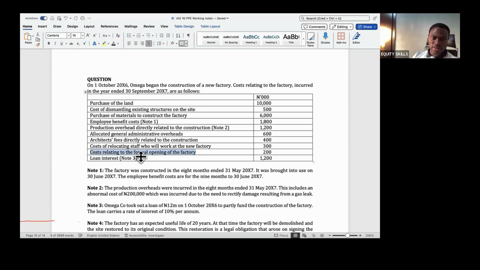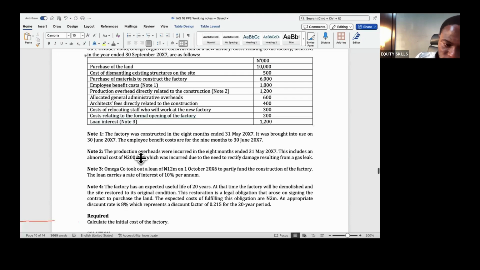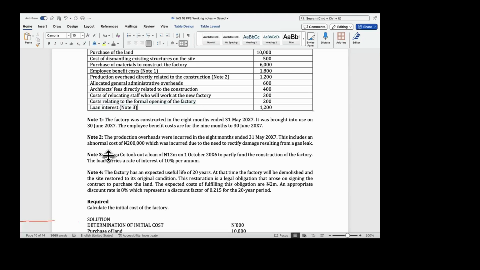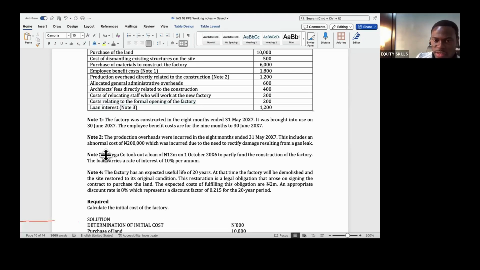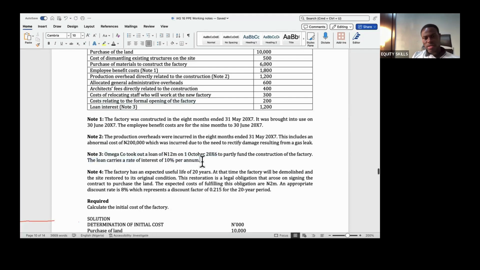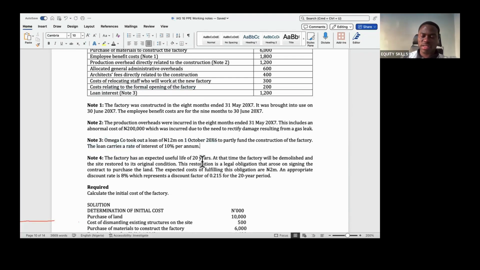What about loan interest? They give us a note on that. Omega took a loan of 12 million on 1st October to partly fund the construction of the factory. The loan carries a rate of interest of 10% per annum. Usually borrowing costs for a qualifying asset, like this asset that you are constructing yourself, we capitalize.